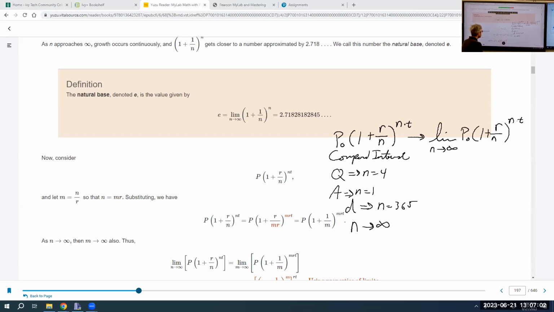And what we say is that that is going to go towards this very special number called E. So that goes towards, in this case, P, E, R, T, or PERT. If you're one of those counting people, you might have heard of that. But that's the idea. So if something is compounded continuously, it doesn't do it in these chunks. It just does it streamlined, nonstop.